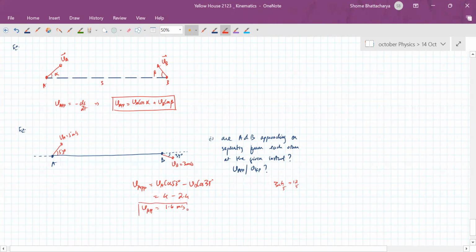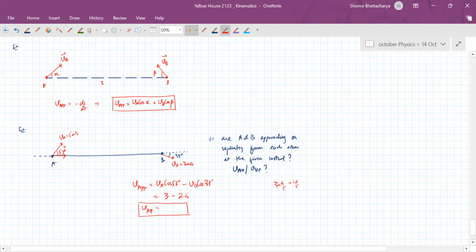So it should be 3 minus 2.4. Oh, yes, that's correct. So V separation dominates. No, approach dominates, na, because this is 3.